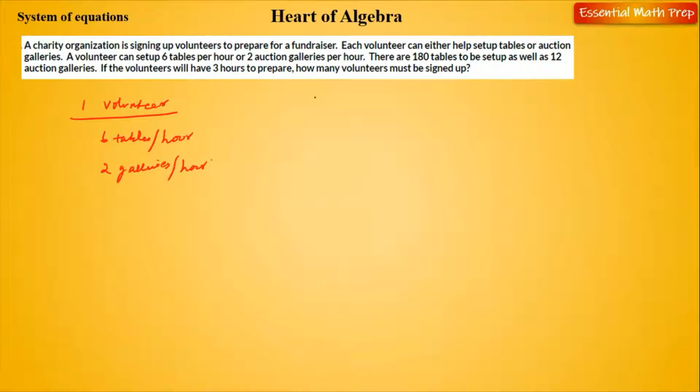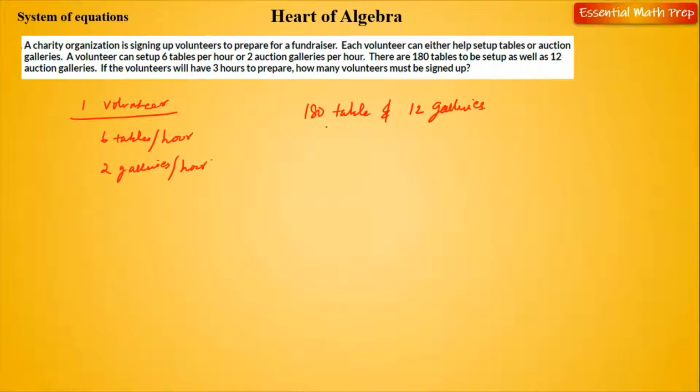If the total is 180 tables and 12 auction galleries, so the outcome is we want 180 tables and 12 galleries, right? If the volunteers will have 3 hours to prepare, how many volunteers must be signed up?